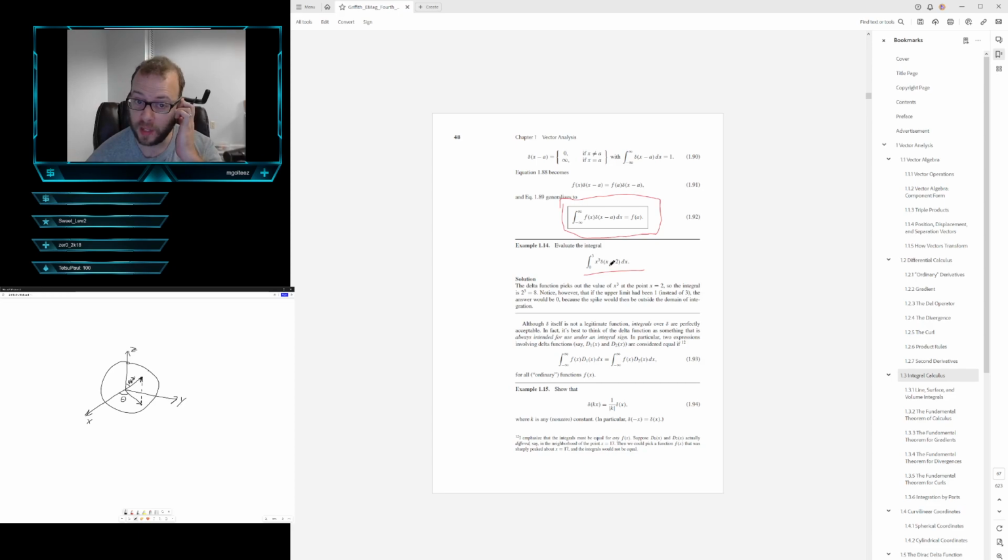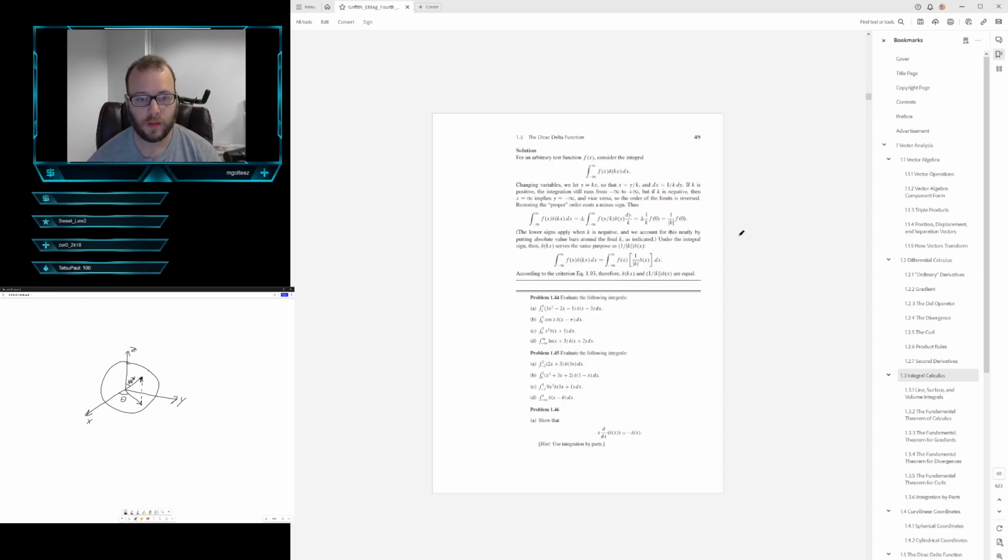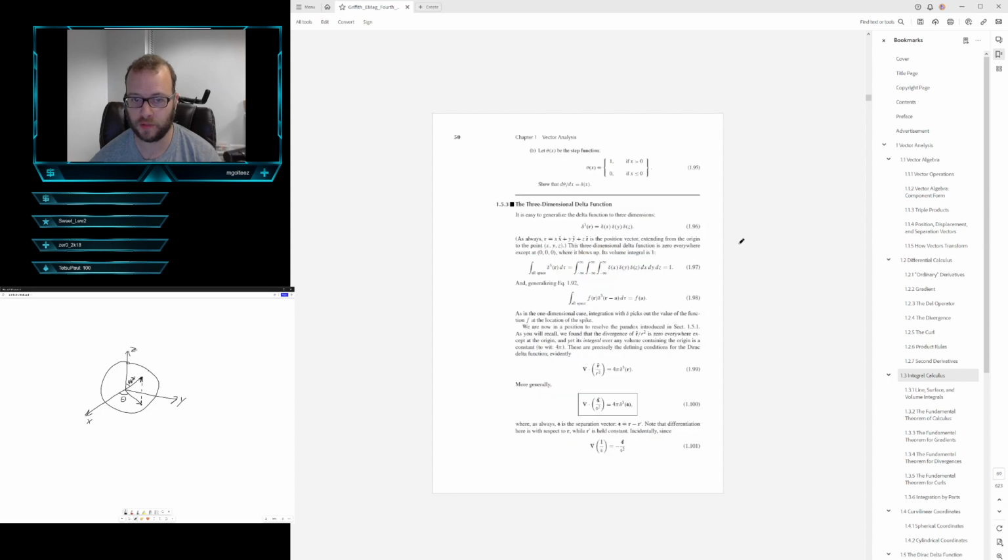Its area is 1 underneath the curve. So this is equal to 2 cubed times the integral of the Dirac delta of x minus 2. Very simple. That becomes 8. Okay, so we've got the Dirac delta function.